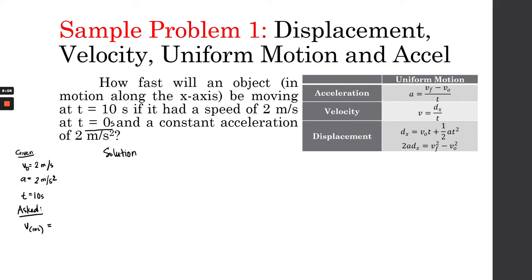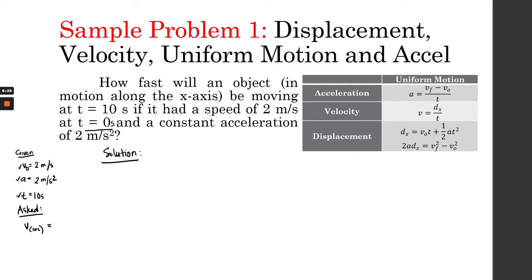So how are we going to approach this question? First they're asking for velocity, and we know that velocity is equal to distance over time. However, we do not have any distance in our givens, but we have our initial velocity, acceleration, and time.